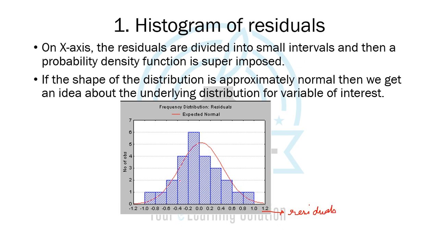If you notice, we have divided these residuals into small intervals, so it's more like a bar chart, but we then superimpose a normal distribution curve on it, and we see how well this histogram represents the normal distribution. In this case it is indeed representing it pretty well. So the idea is that the frequency distribution of the residuals should be approximately normal.